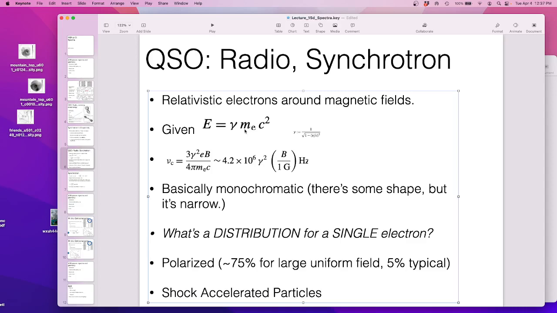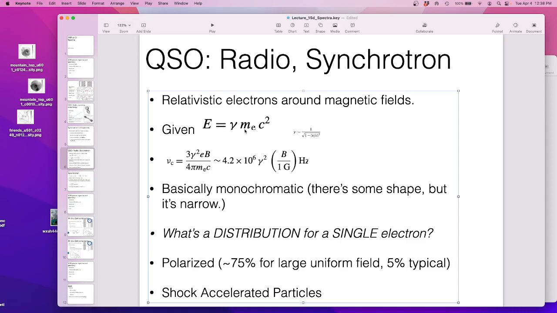It's the square root of one minus v squared over c squared, inverted. Right, this is the Lorentz factor. Gamma is 1 over the square root of 1 minus v squared over c squared, or c is 1.